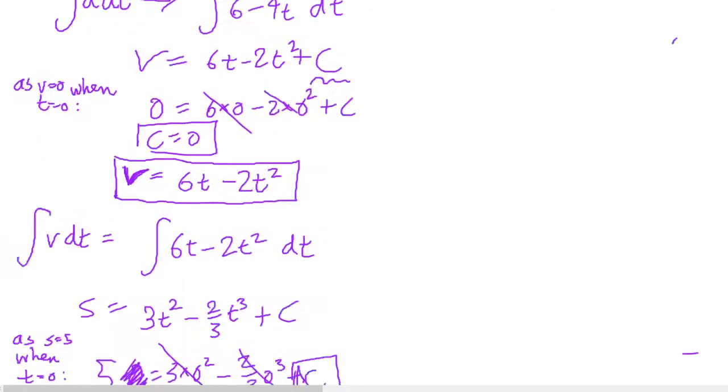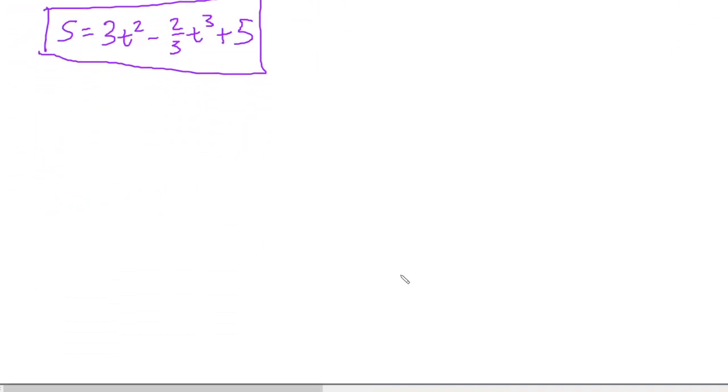Alright, so for part B of this question, we know that t is a when P comes to rest, and P coming to rest means that its velocity is 0. For an instantaneous moment in time at this time a, its velocity is equal to 0. V is equal to 0.